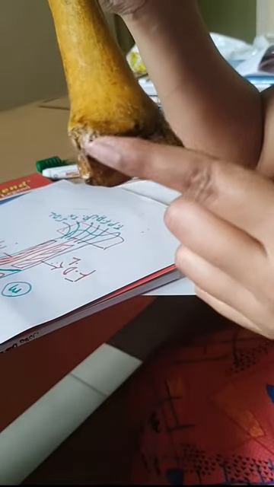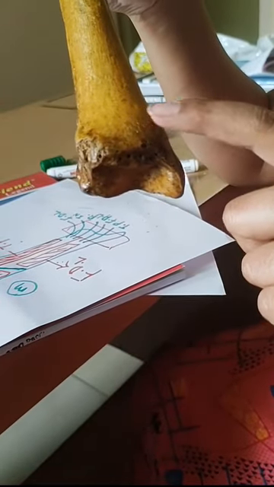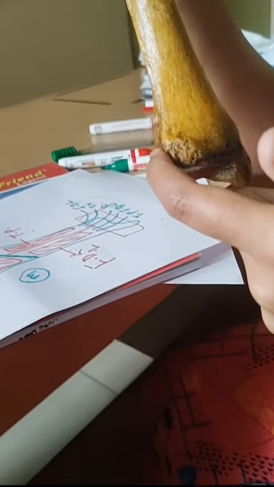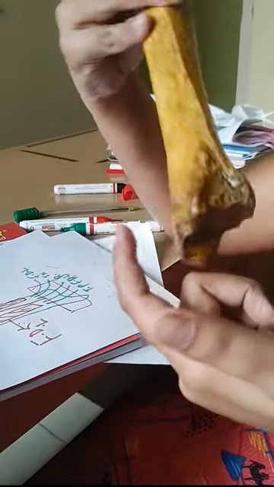Next, coming to the lower end of the tibia. Here also we will have the anterior surface, lateral surface, medial surface, inferior surface, and posterior surface.